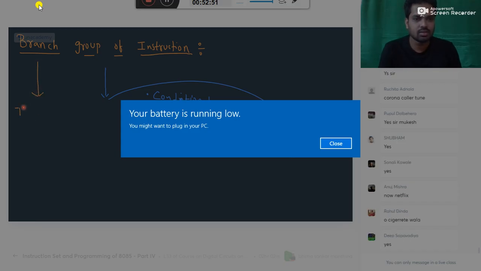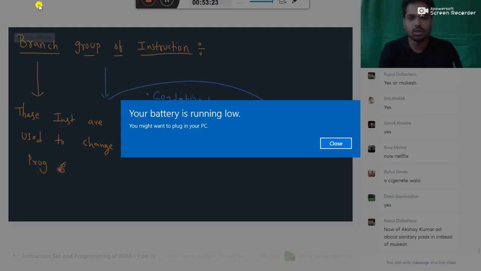These instructions are used to change the program sequence by changing the contents of the PC.